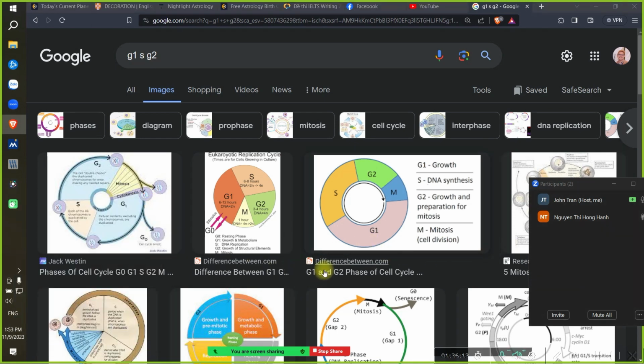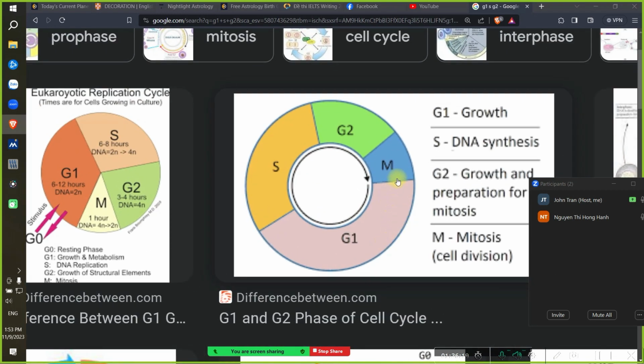Yeah, it's the cell cycle. Remember, this one basically tells you the time that the cell spends in each stage. Most of the life span of the cell is spent in interphase, which is G1, S and G2. Only a very small time is spent in mitosis, okay? Or meiosis. Does that answer your question?